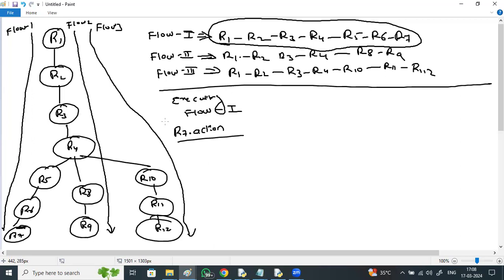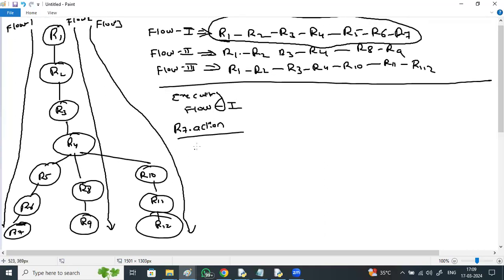R6. R6 has to get the input from R5, R5 from R4, R4 from R3, R3 from R2, R2 from R1, right? So it will start from the root. Whenever you say R7 dot action, the data flow is going to execute from R1.